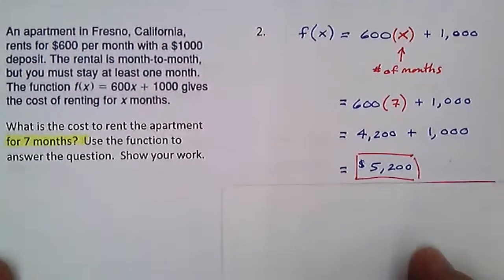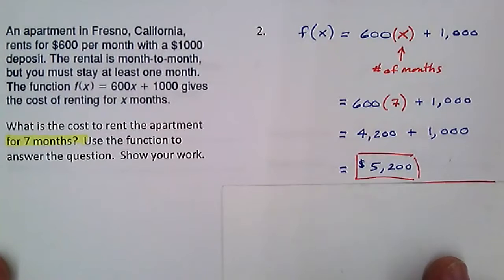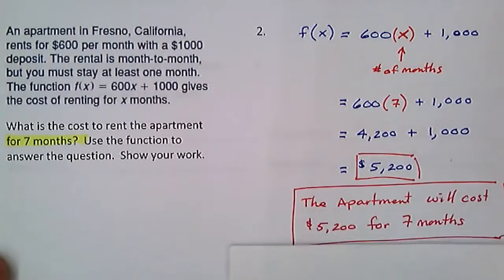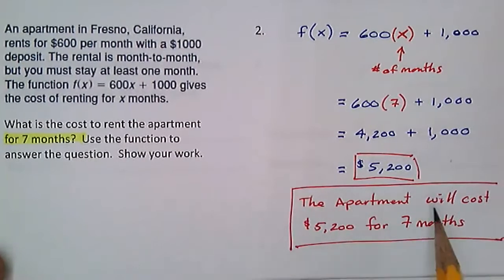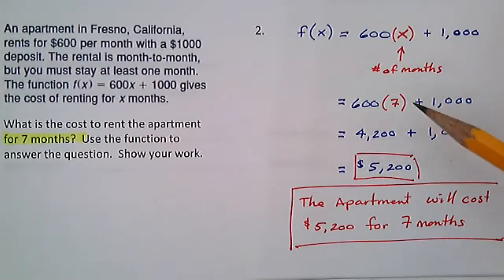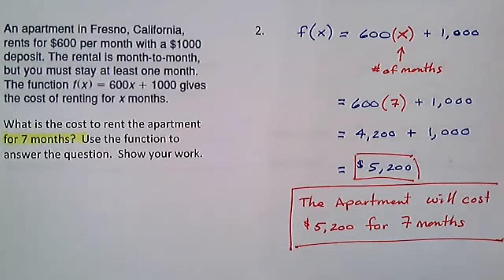Since it's a word problem, we want to write our final answer in a sentence. So we would say the apartment will cost $5,200 for 7 months. Okay, and we just took the 7 and plugged it in for the X. That was our input. Okay, all right, let's move on.